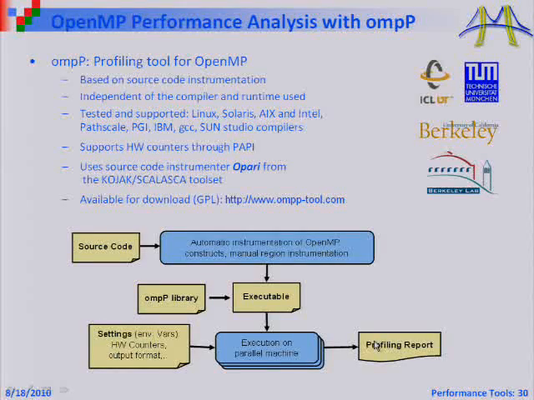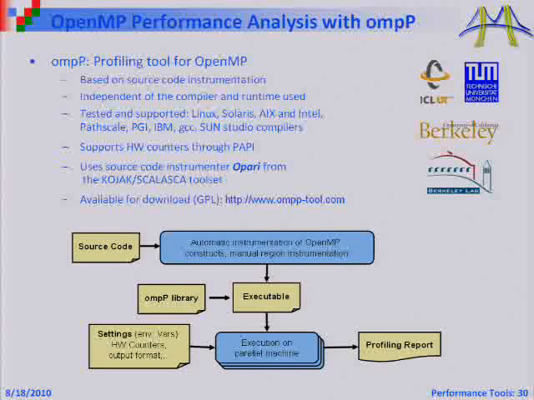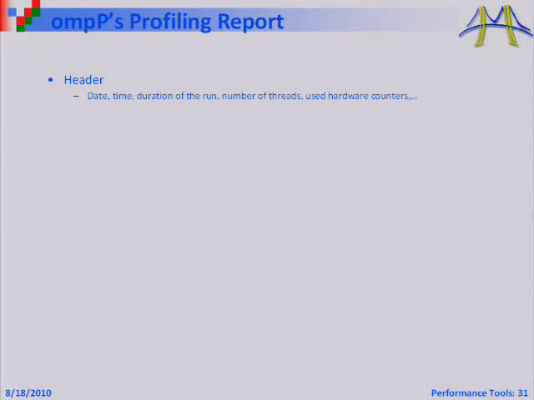So OMPP is based on the source code instrumentation approach, and is thus pretty portable and widely usable on many architectures. The profiling report gives you basic information such as the date and duration of the run, and an overview of which kinds of regions you had in your program.